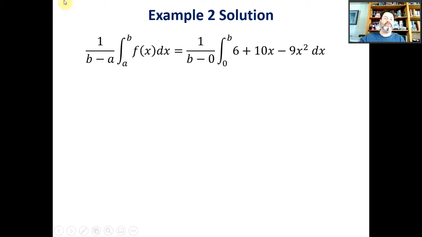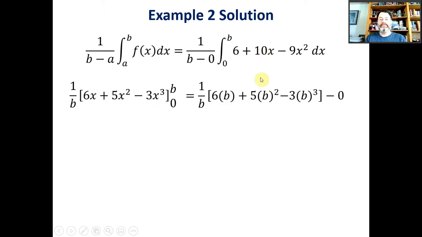So there's the formula for average value of a function. I plug in everything. So b just stays b for this problem. A is 0. It's the integral from 0 to b of the function. So you simplify what's out front. 1 over b minus 0 is 1 over b. Go ahead and just do the integral. You can see clearly that this is, in fact, just the integral of this.